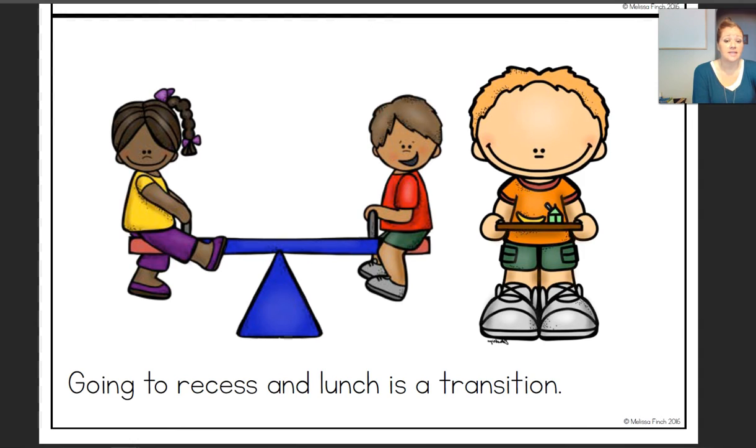Going to recess and lunch is a transition. Finishing your assignment and waiting for mom or dad to make some lunch, that's a transition. Or taking a little break and going outside to play with your pet dog, that's a transition.